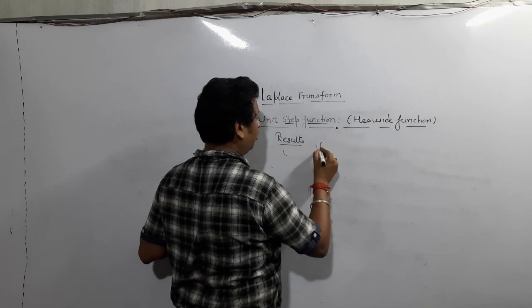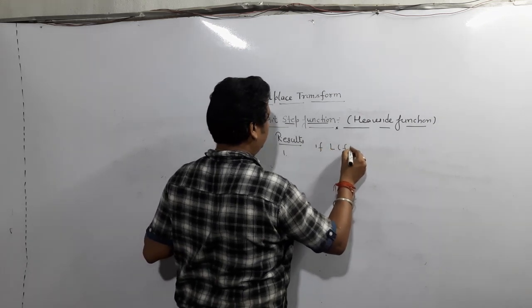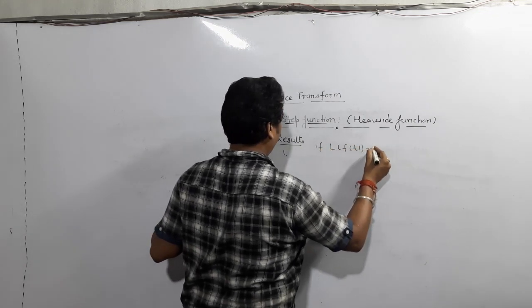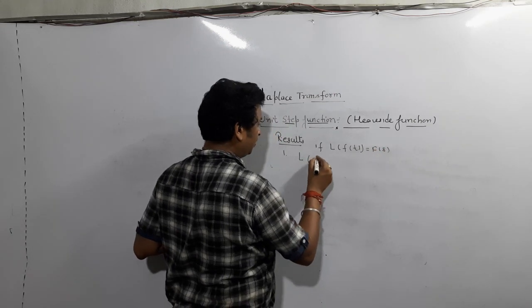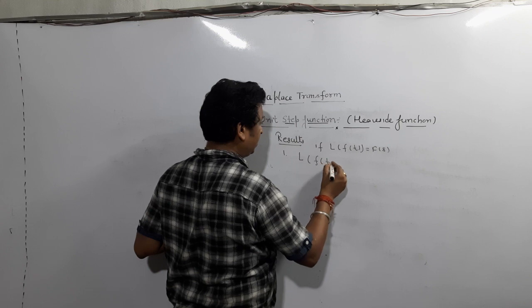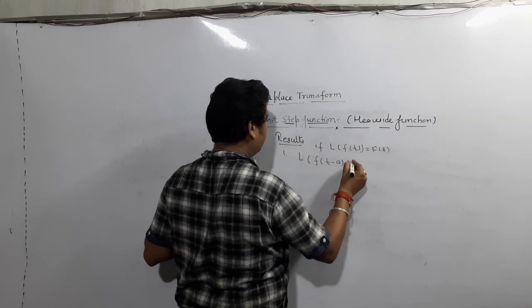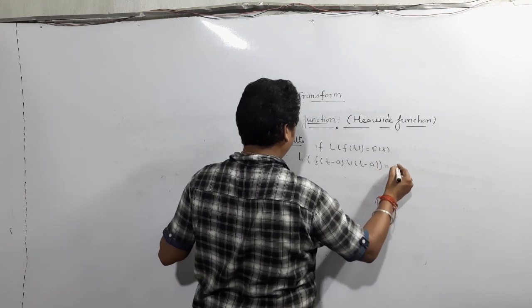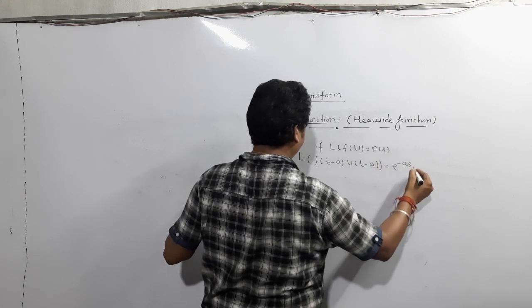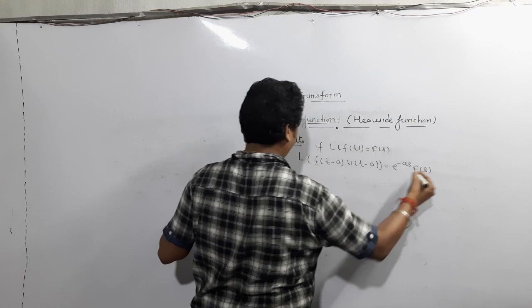If the Laplace of f(t) we know, that is F(s), then the Laplace of f(t minus a) multiplied with u(t minus a) is e to the power minus as F(s).